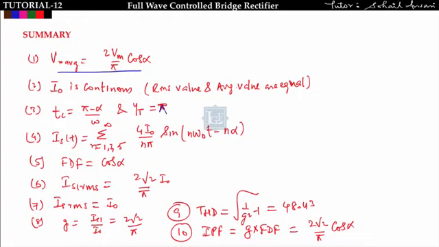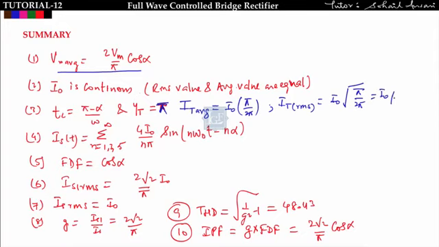Also, the conduction angle of the thyristor is from alpha to pi plus alpha, that is equal to pi. So IT average will be I naught into conduction angle pi upon 2 pi, that is equal to I naught by 2. And IT RMS, the thyristor RMS current, is I naught under root of conduction angle, conducting from pi to 2 pi, that is equal to I naught by root 2.